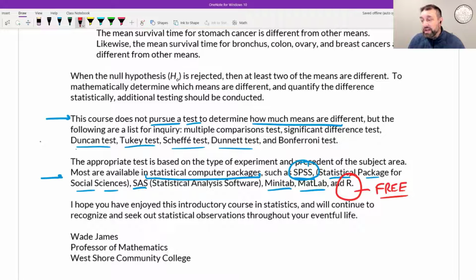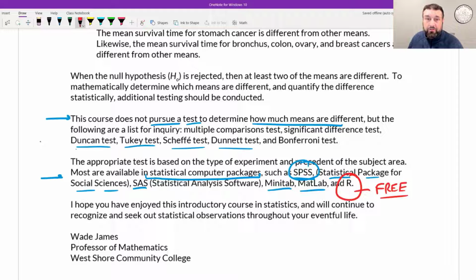And so many times you'll find that advanced statistics classes are actually offered in a computer science division. And I'll tell you what, the job market for advanced statistics is huge. Like if you are able to do data analysis and advanced statistics, you can write your ticket.